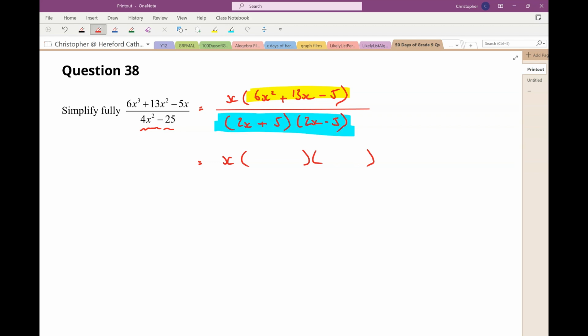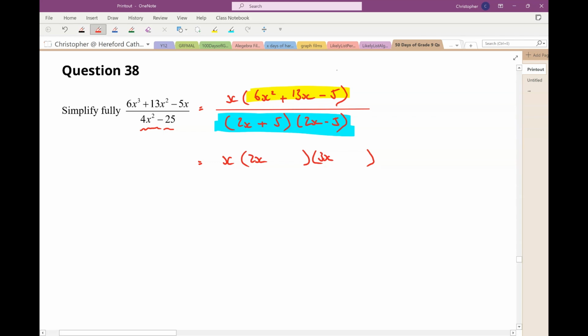So I'm likely to have a 2x in one of those brackets on the top. It's either going to be 2x plus 5 or 2x minus 5, I'm thinking. So 3x here. I'm going to start my attempt at factorising the yellow quadratic into 2x and 3x, just because I'm a bit of a cynic and I reckon I'll be able to cancel.